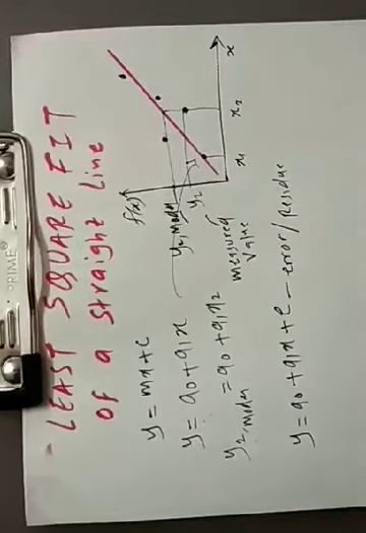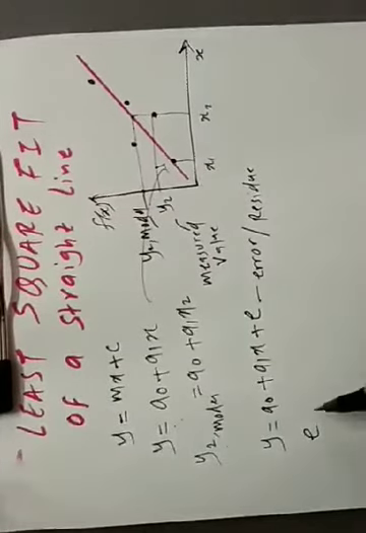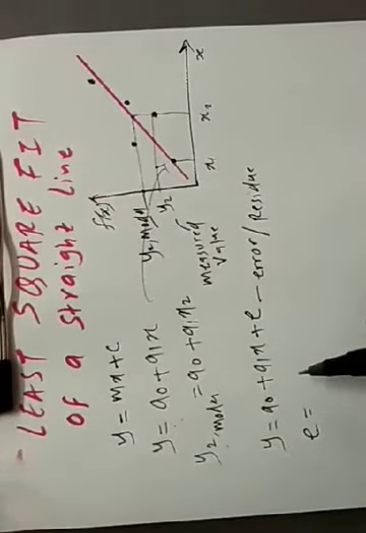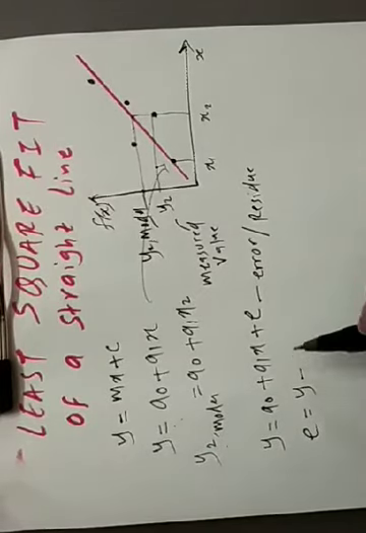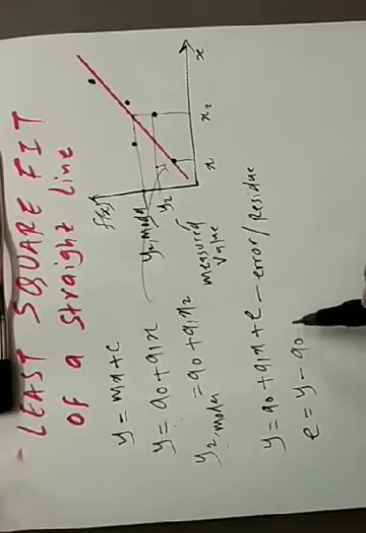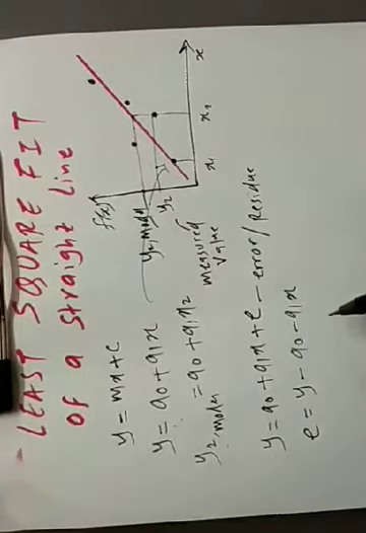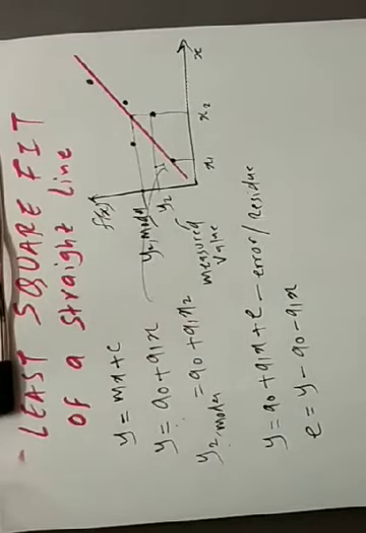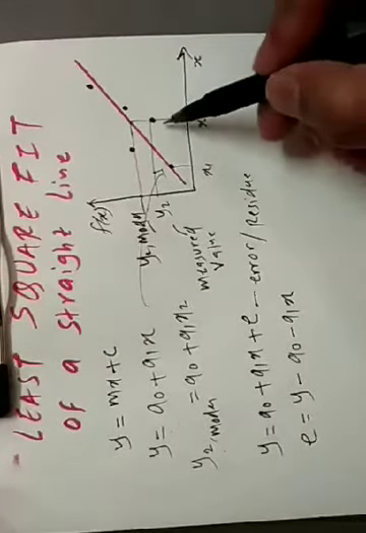Okay, and we will rearrange the equation. E will be equal to y minus a0 minus a1x. Okay, so now this equation is for a single point.